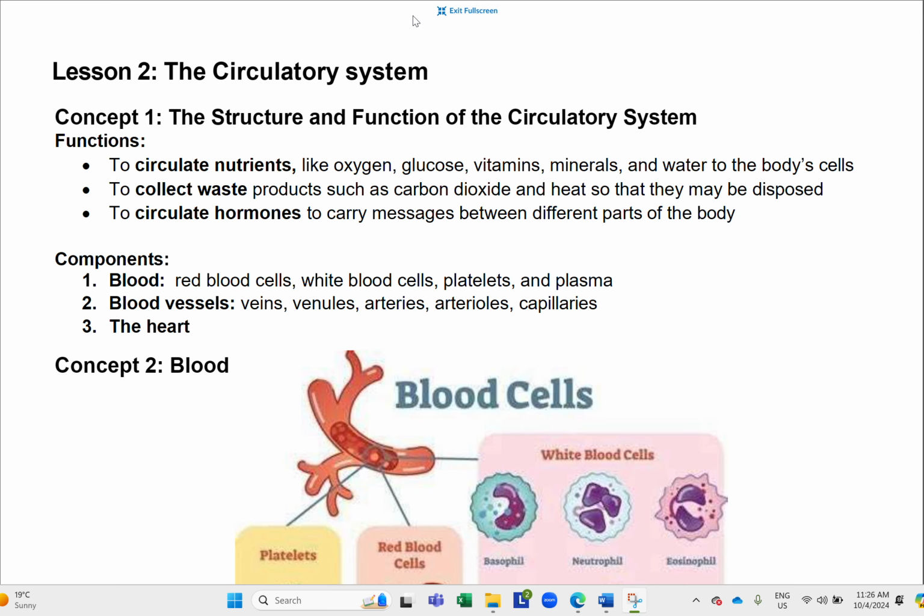And the water will also leave the cell, and it will circulate in your blood. And then you can eliminate the water in your body a few ways: through your kidneys, and then it becomes urine, or maybe you will sweat it out.